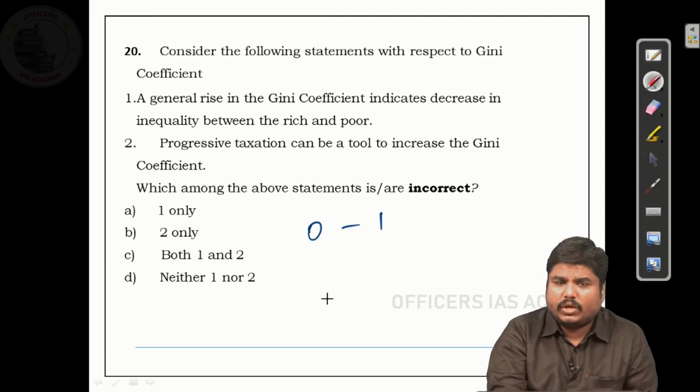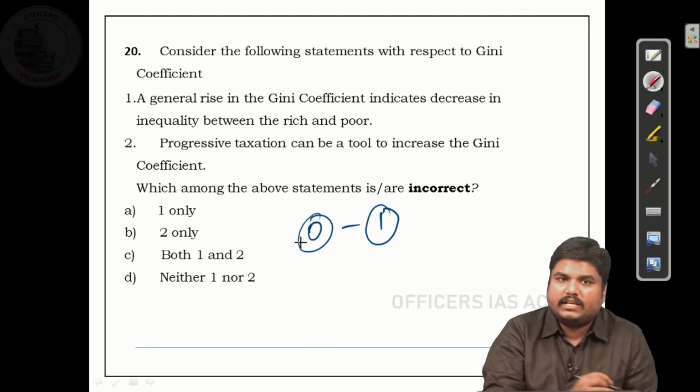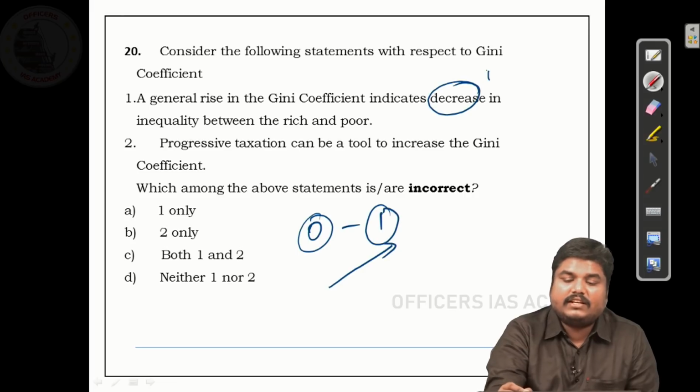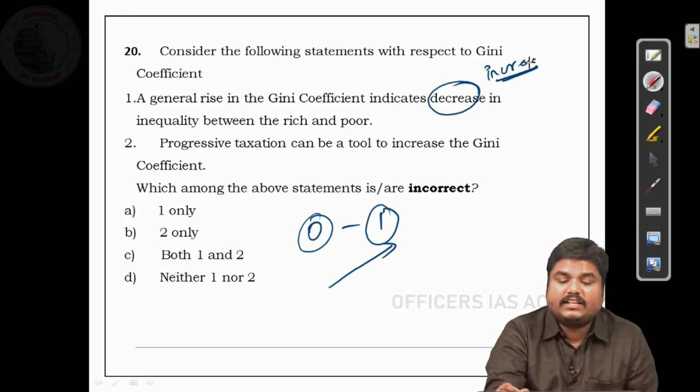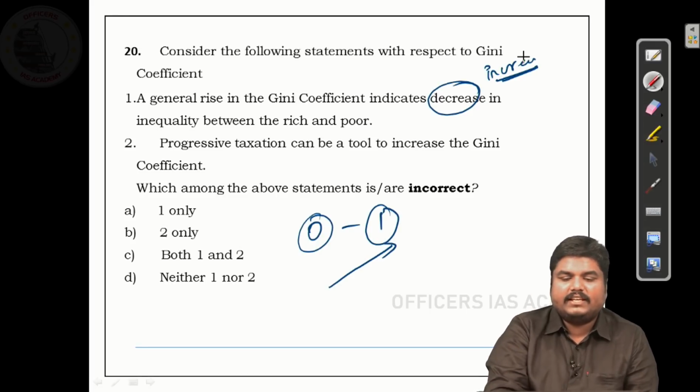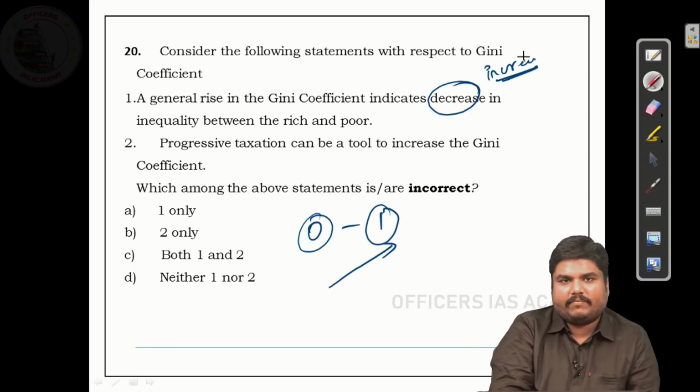As you go closer to 1, it means maximum inequality. If the score is closer to 0, it means a perfect equality situation. So, a general rise in Gini coefficient indicates not a decrease, but an increase in the inequality between rich and poor. If the Gini coefficient score is closer to 1, then that indicates there is an increase in inequality, right.